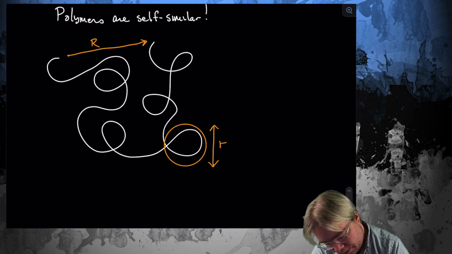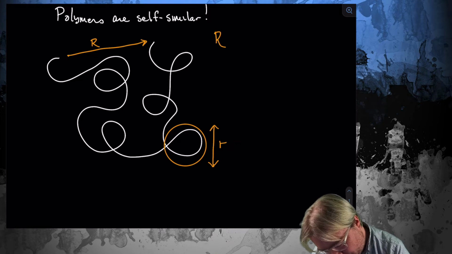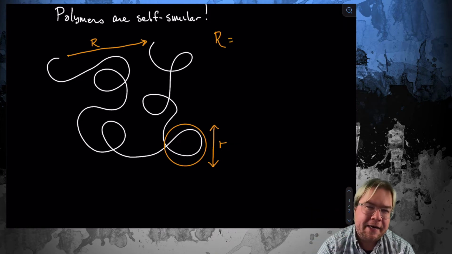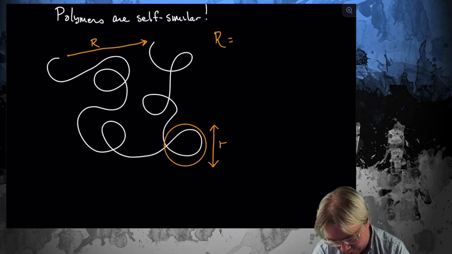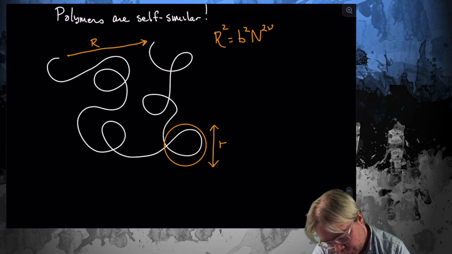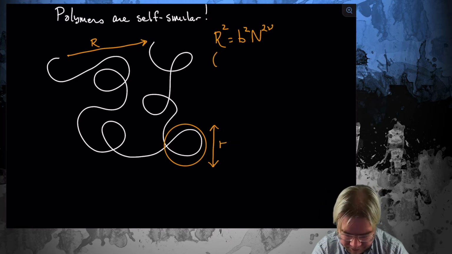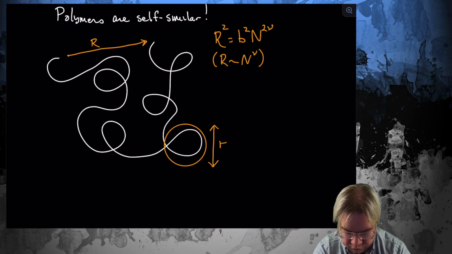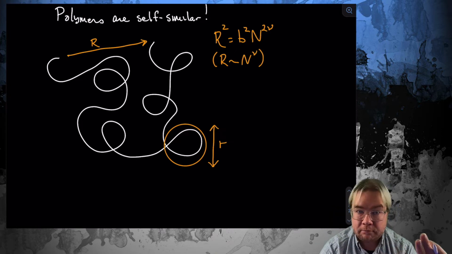For example, if I looked at the whole polymer chain, then that end-to-end distance, let's just say squared, would be equal to b squared times n to the 2 nu. Or we've also been saying a lot that R scales as n to the nu power. That's great. It works. We've done this to death, right? Whether we have excluded volume or not.